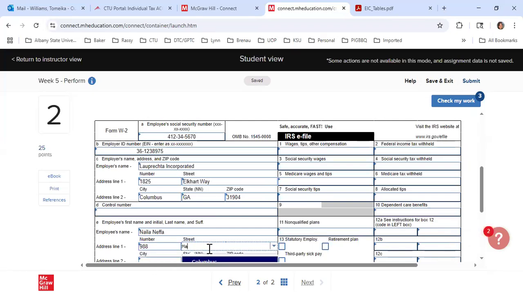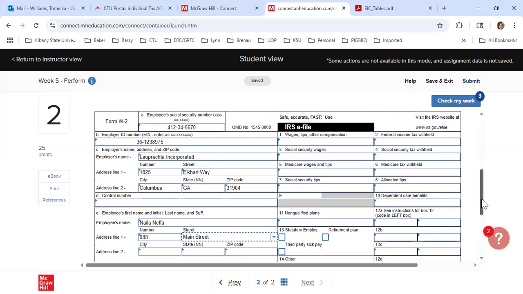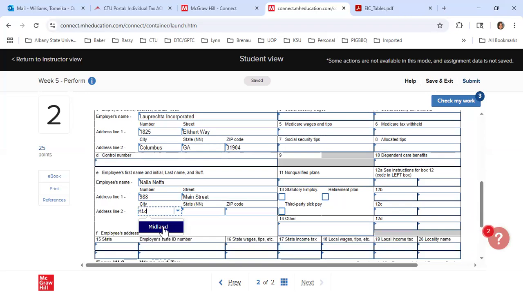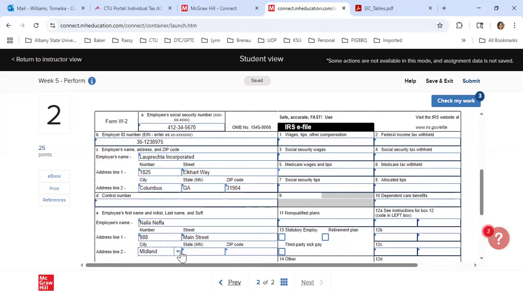Street is Main Street. This is Midland, is the city. Also Georgia. Zip is 31820.